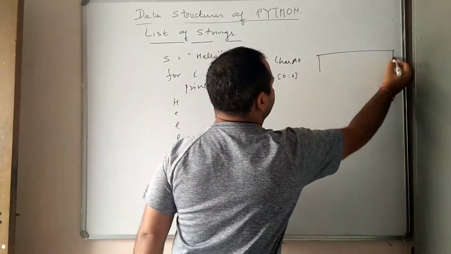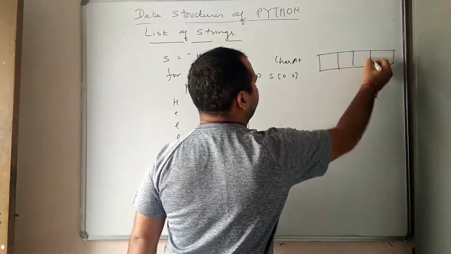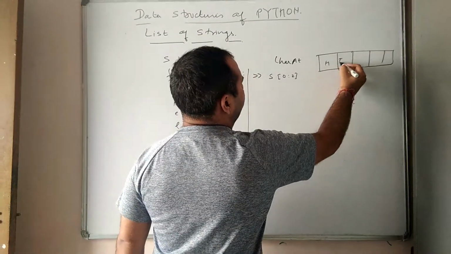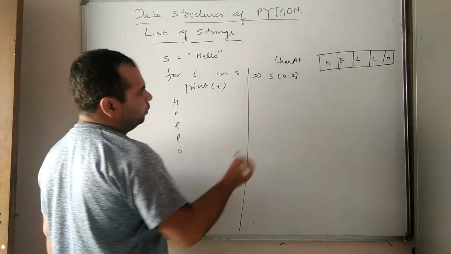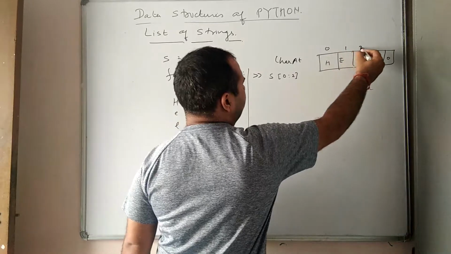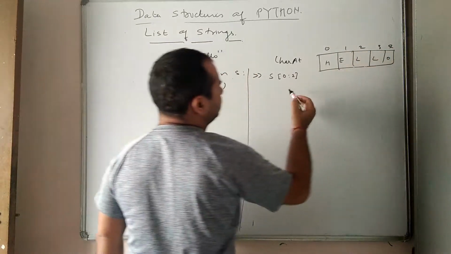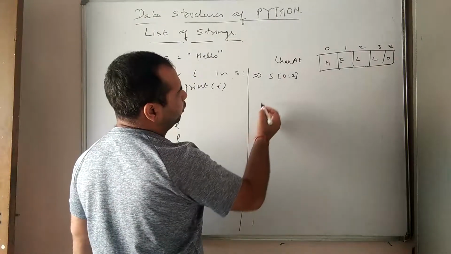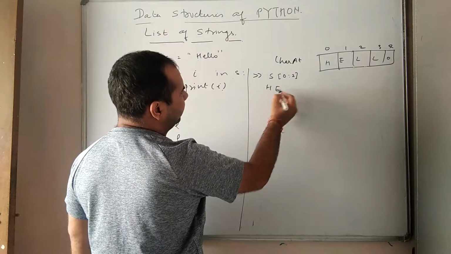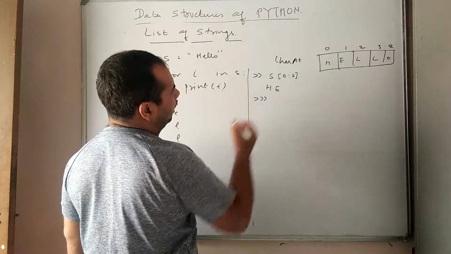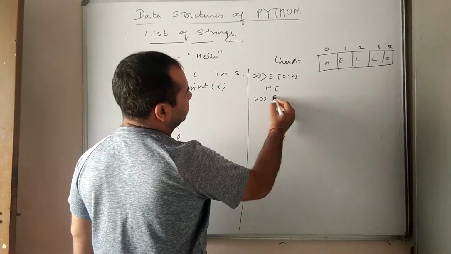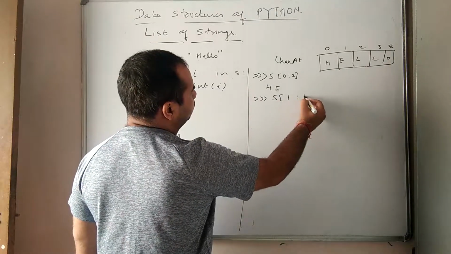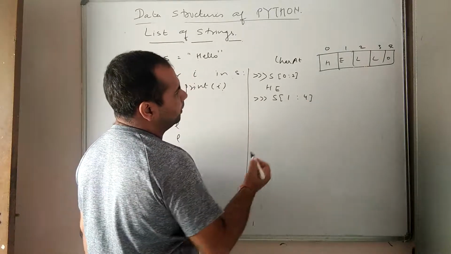Here we can divide it into blocks, H-E-L-L-O, with indices 0, 1, 2, 3 and 4. 0 to 2 means 0 and 1 will be printed, that means H and E will be the output. Similarly, if we have s[1:4], then what will be the output?